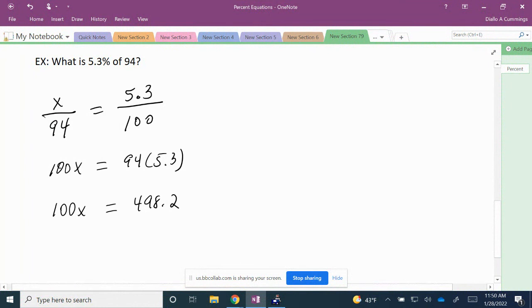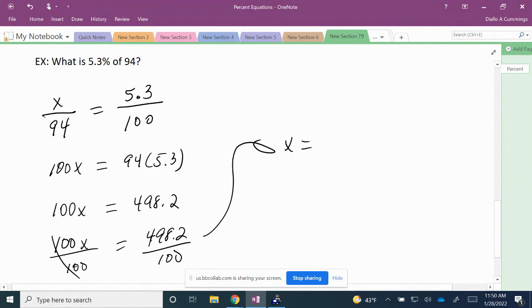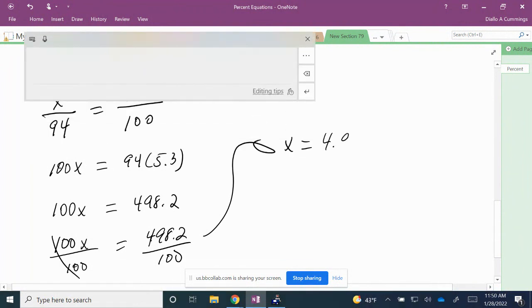Next, we're going to solve for x. The opposite of multiplying x by 100 is to divide by 100, so I'm going to divide both sides by 100. On the left-hand side, the 100s are going to cancel. We're left with x, so we have a final result of x is equal to 4.982.